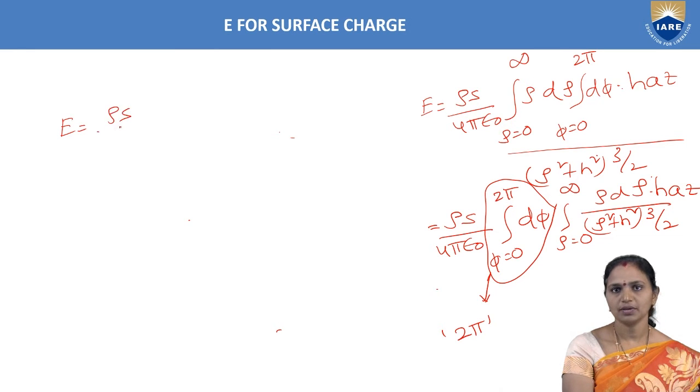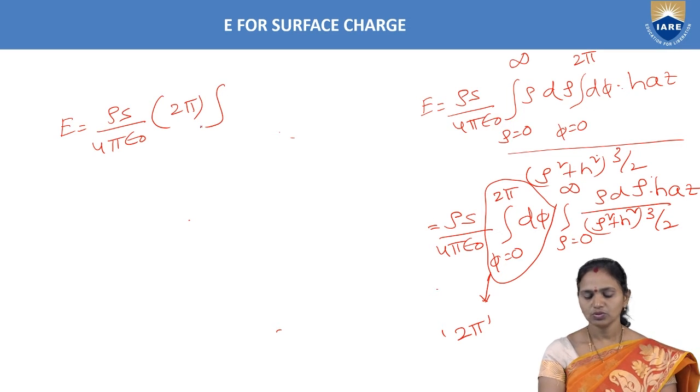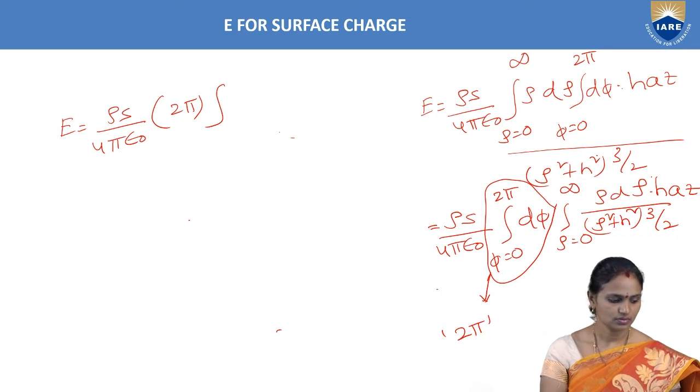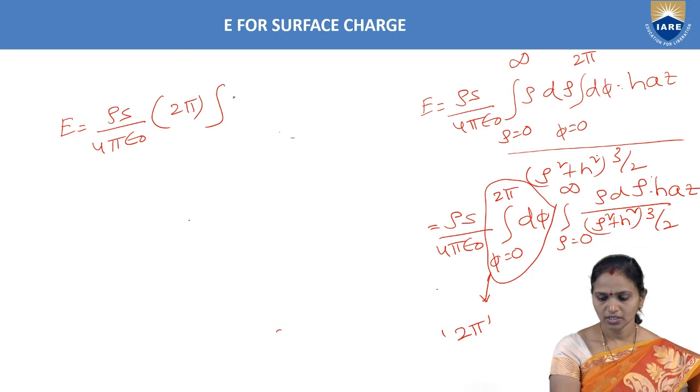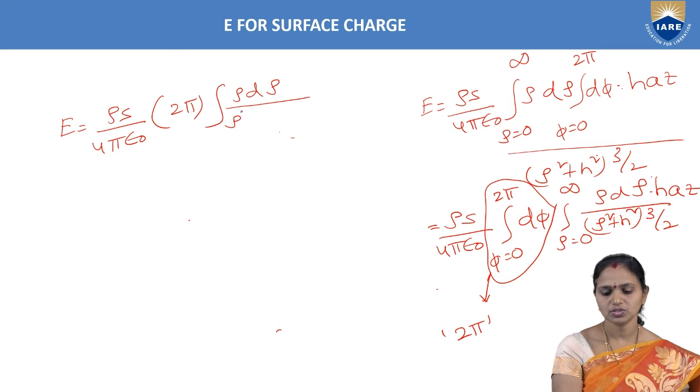Rho s by 4 pi epsilon naught into 2 pi, into this one we have to simplify: rho d rho divided by rho square plus h square whole to the power of 3 by 2.